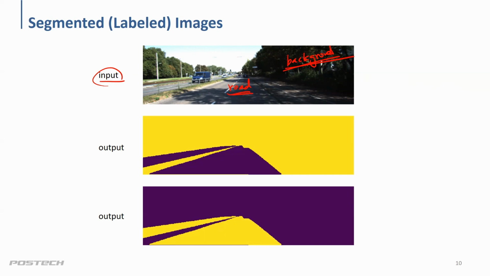And it's a binary classification. For each pixel, you have to say this is 1 and this is 0. From this input image, you have to say these are zeros and these pixels over there are 1.